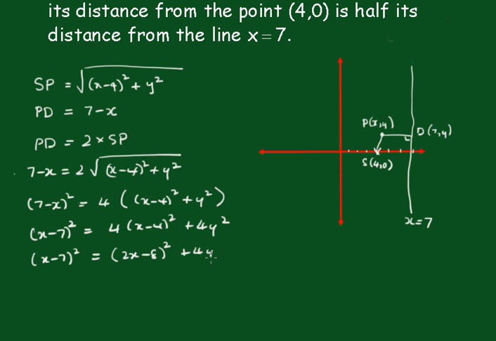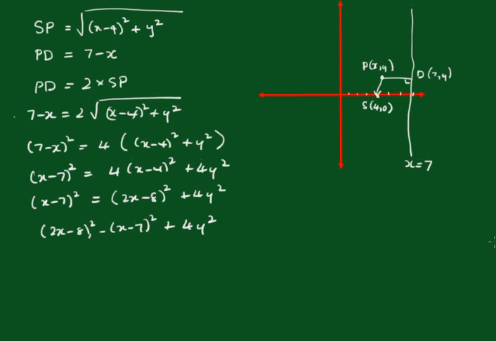Plus 4y squared. Alright, now the next thing, I'm going to take this one across to this side. This is (2x minus 8) all squared minus (x minus 7) all squared plus 4y squared. Again, our difference of two squares is happening, so we get (2x minus 8 plus x minus 7) and (2x minus 8 minus x plus 7).